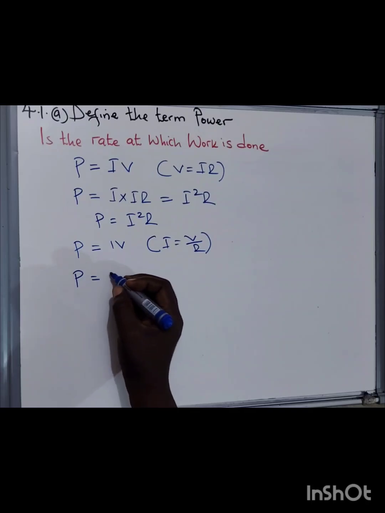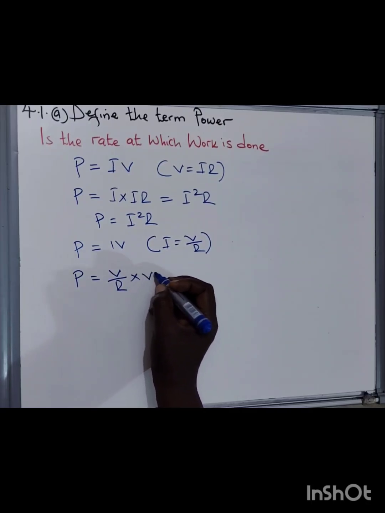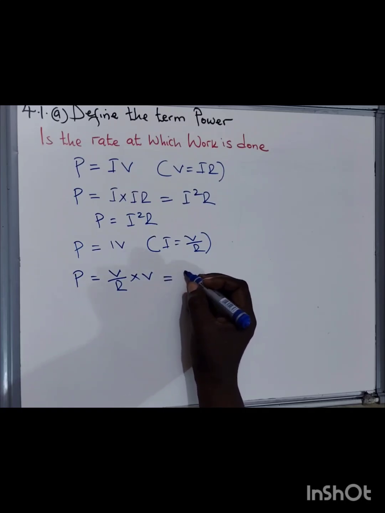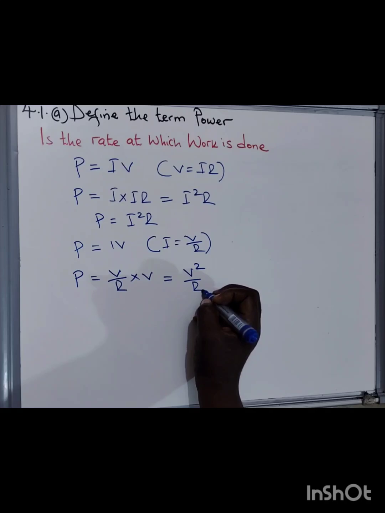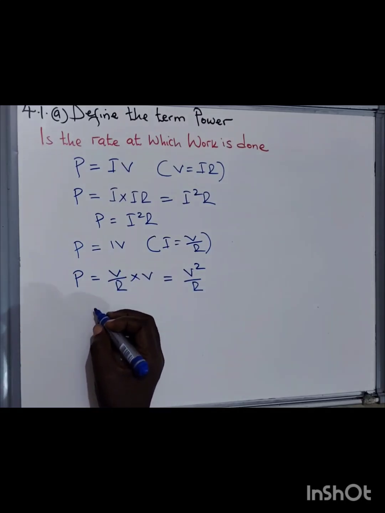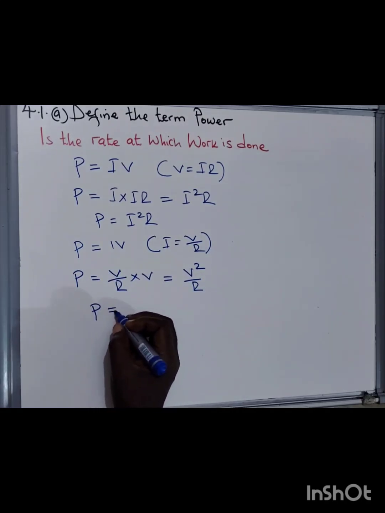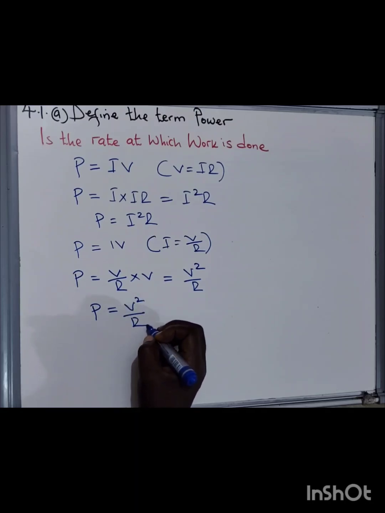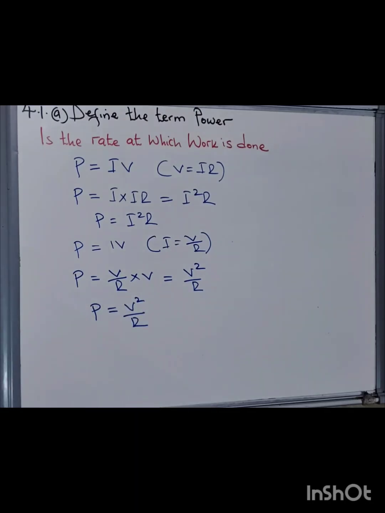P is equal to V over R times V, giving you V squared over R. So from here, we are going to get our P as V squared over R. So there we are.